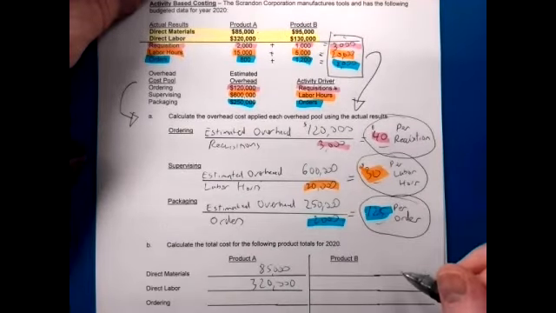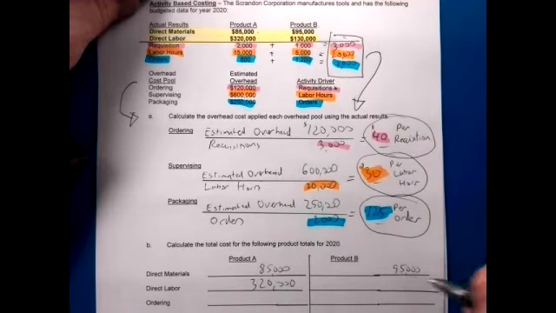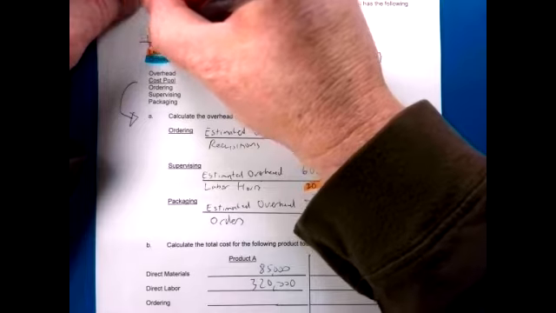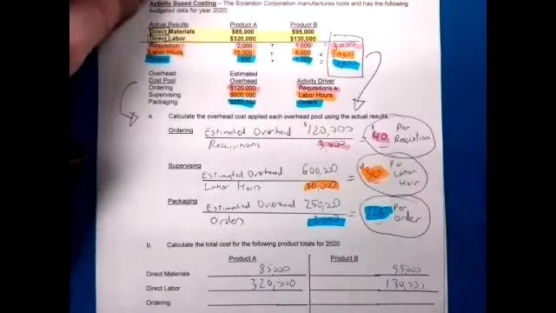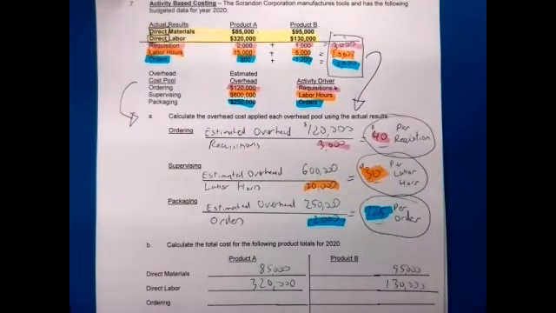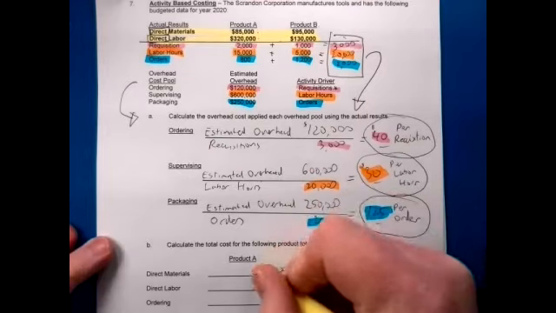Same thing for product B, 95,000 and 30. And again, these are so easy because they are direct. They're direct, so they're very easy to trace. That's what these are, just from those up there.